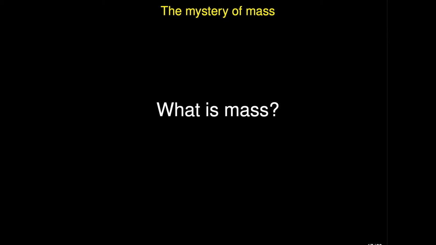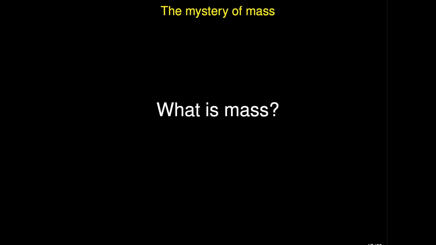Mass, a word that we've known for years since we were learning physics at school. We know it appears in Newton's second law and so on, but what is it exactly? What does the word mass mean exactly? Probably the way you thought about it at school, which is right, is that mass is a measure of how much stuff there is in an object, how much material, how much matter.